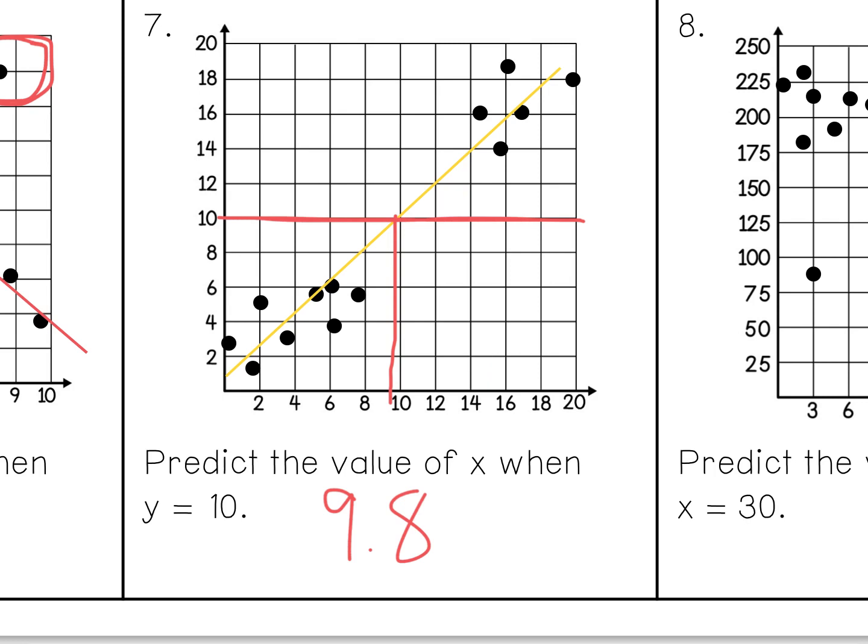Once again, it depends on where your yellow line is. If your yellow line was higher, then this value might be a lower value. If your yellow line was lower, it might be a higher value. Yeah? Did you say that we have to keep it as a decimal, or can we write it up or down?